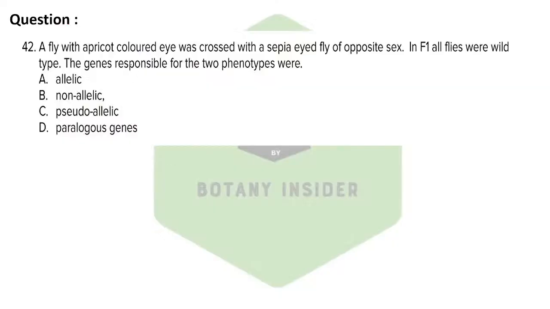The question is, a fly with apricot colored eye was crossed with a sepia colored fly of the opposite sex. In the F1, all the flies were wild type.